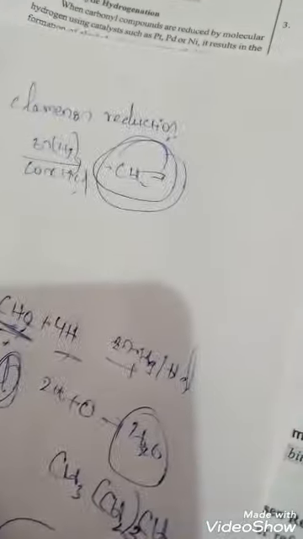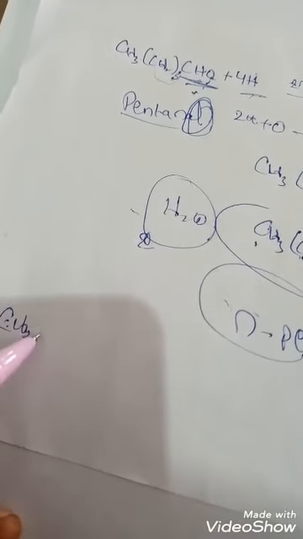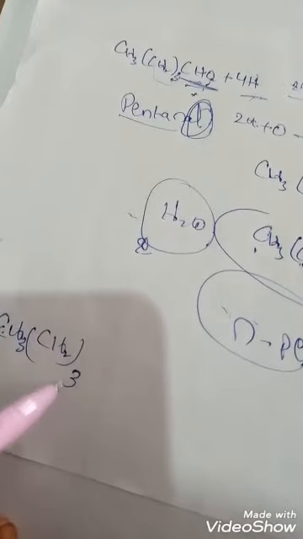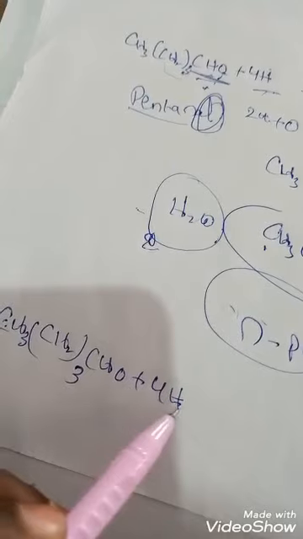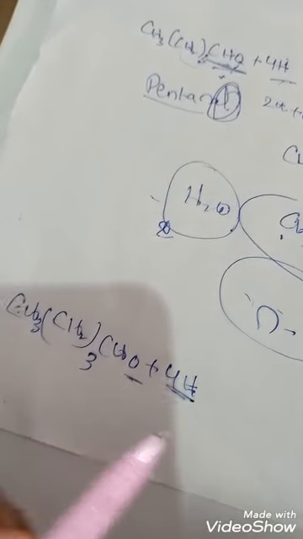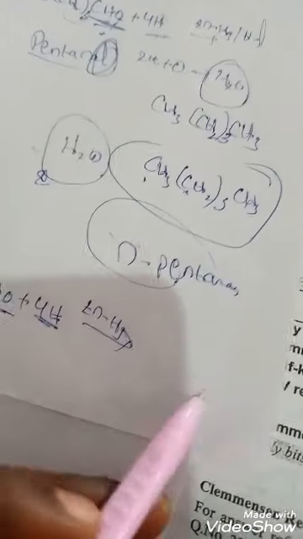What happens in this? We can take CH3(CH2)2CHO plus 4H. In this, two H atoms combine with O in presence of Zn and Hg, so H2O is formed.